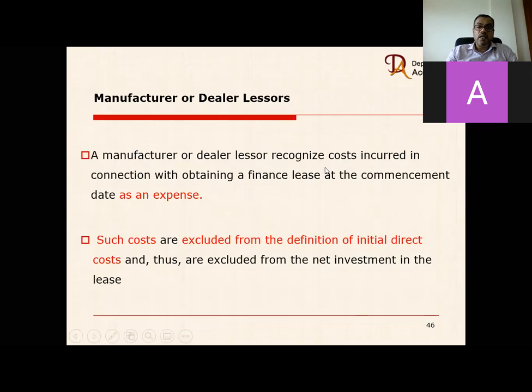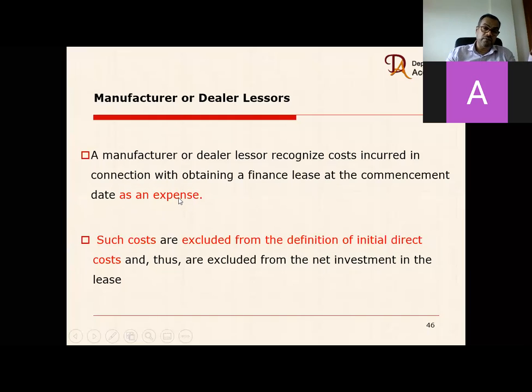A manufacturer or dealer recognizes costs incurred in connection with obtaining a finance lease at the commencement date as an expense. But here, remember, any direct costs of acquiring the lease agreement have to be immediately recognized as an expense.